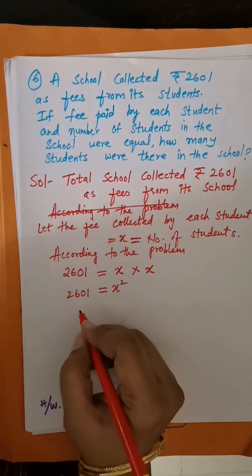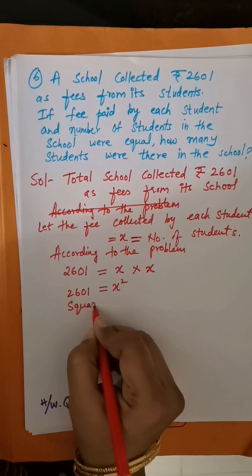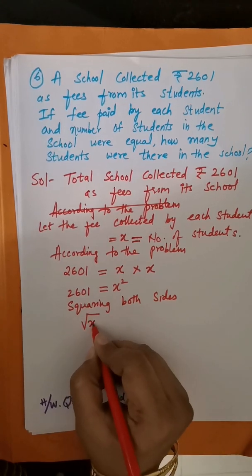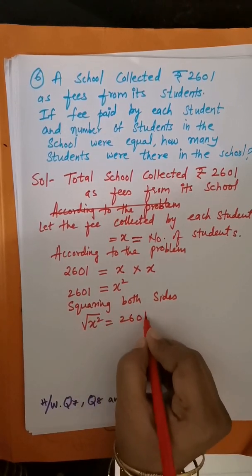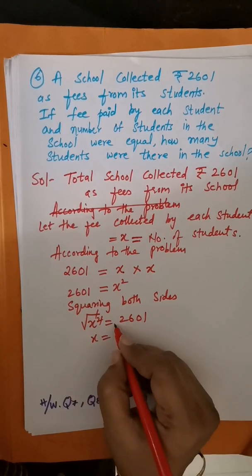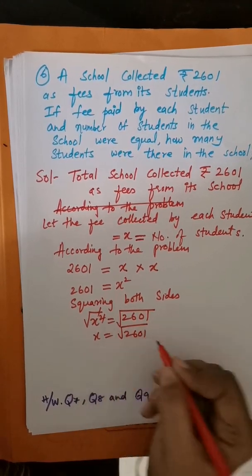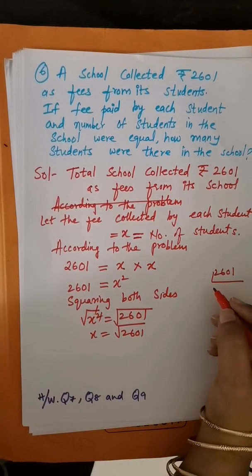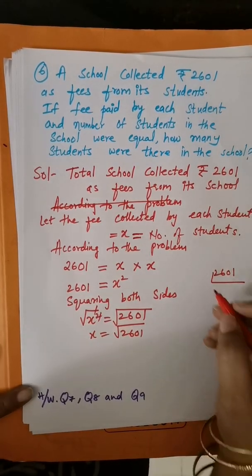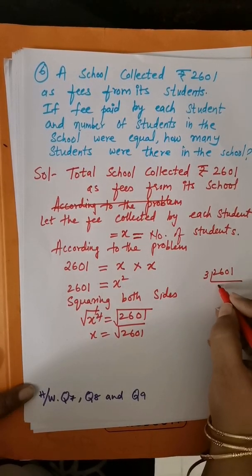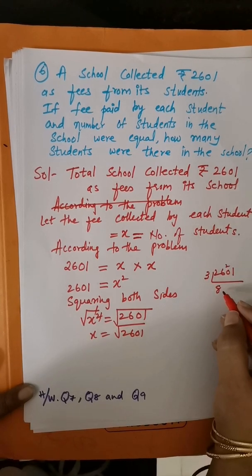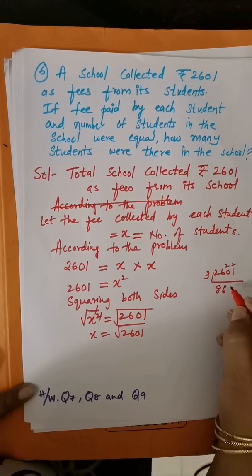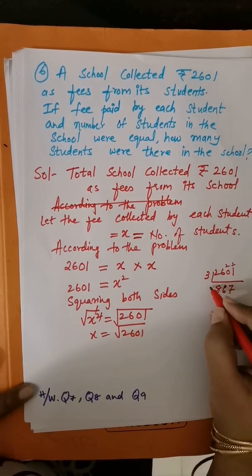So how to remove the square sign? Squaring both sides will remove the square sign. Okay, so x is equal to root of 2601. So for 2601, we will find the square root. 3 8s are 24, 2 extra, 3 6s are 18, 2 extra, 3 7s are 21.